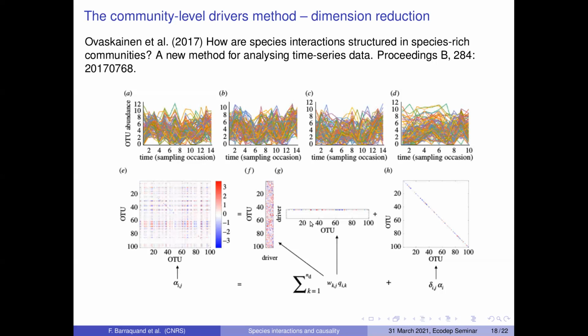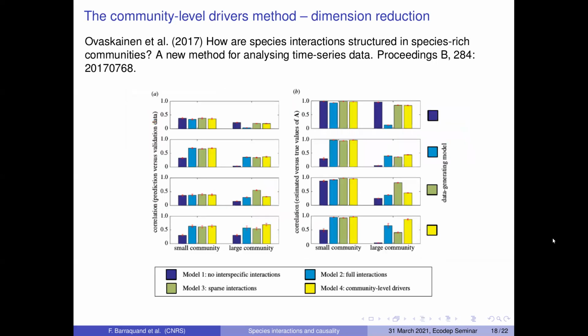So they've analyzed real data, and they also simulated data sets. And they simulated 4 models. They simulated a model without any interspecific interaction, a model where the matrix is absolutely full, a matrix in which you have sparse interactions, and a matrix which has a low rank representation.